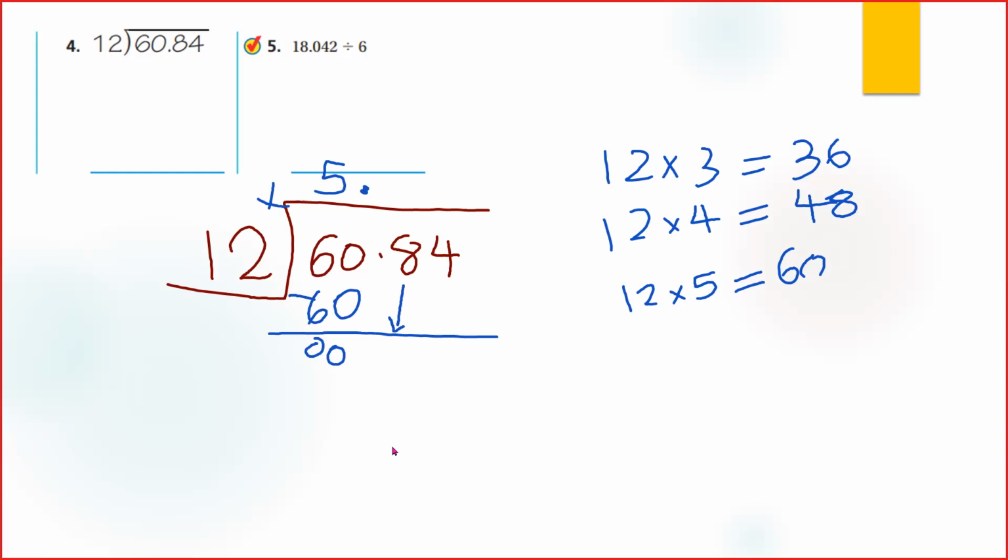okay, 8 down. Now, can I divide 8 by 12? Eight is less than 12. So can you? No. So what do you have to do now?